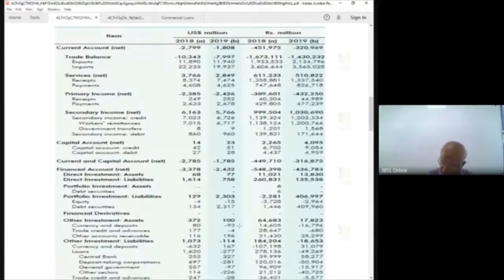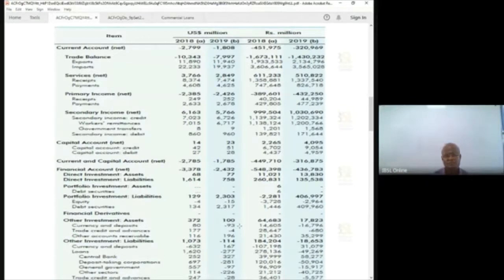Then the primary income account. I will read this. The deficit in the primary income account widened marginally during the year, with increased reinvested earnings and dividend payments by direct investment enterprises. Because of foreign direct investment, when they send their earnings out of this country, or when our investments in other countries remit their earnings here, they are entered in the primary income account.